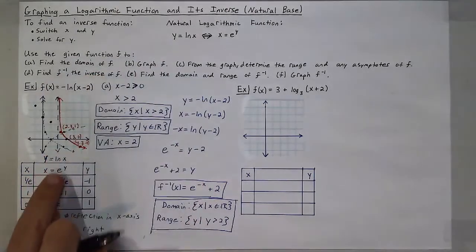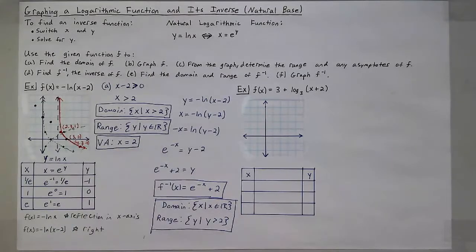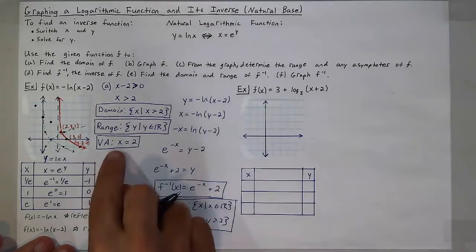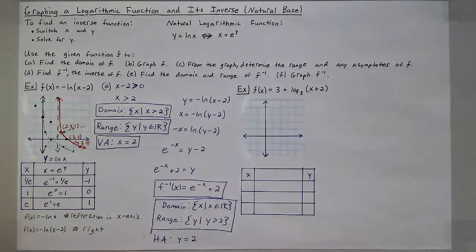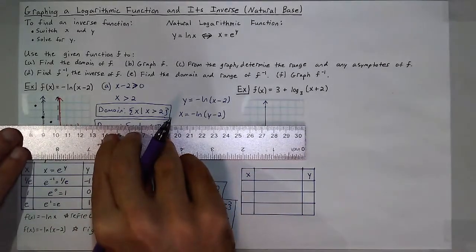And the vertical asymptote that was at x equals 2 will now be a horizontal asymptote by switching x and y at y equals 2. So basically, you just swap the x's and the y's to graph the other function.